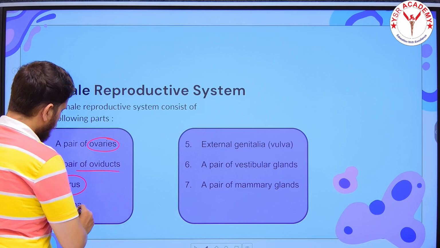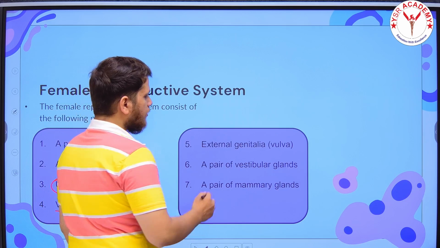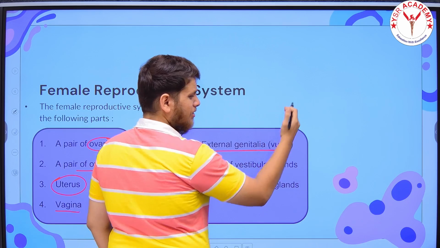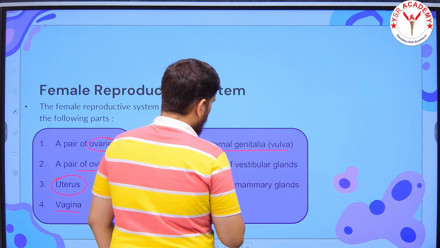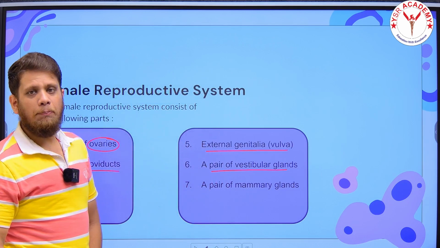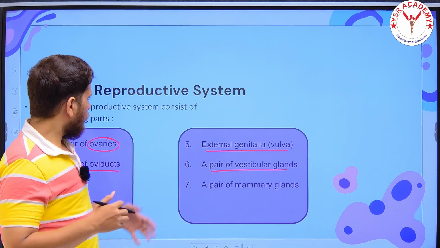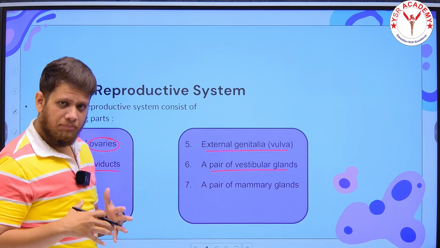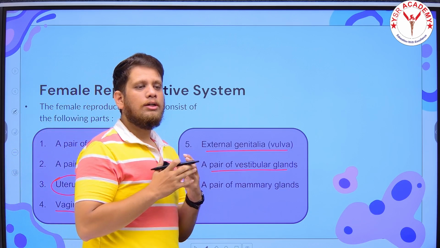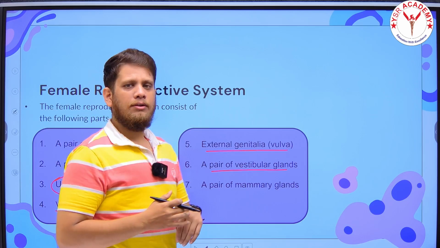Then you have the vagina. You have the external genitalia, which is called the vulva altogether because it contains multiple parts inside it. Then you have the pair of vestibular glands, and then finally the pair of mammary glands. So we are going to discuss both of them separately under the umbrella of external genitalia and internal genitalia.